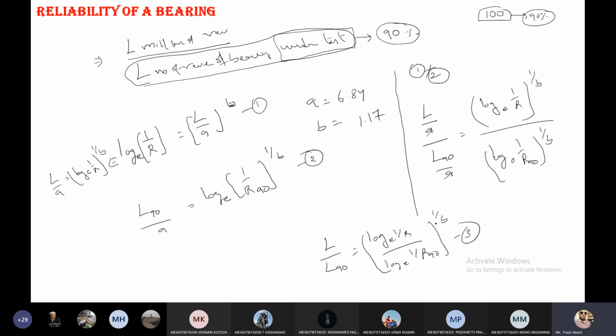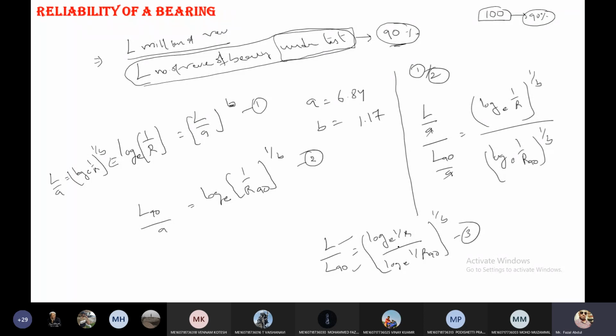See here, what is the definition? Reliability of the bearing is the ratio of L, the life of the bearing in million revolutions under complete condition, to the number of revolutions of the bearing under testing condition, where it particularly indicates the test should be qualified at 90%. Okay, so that is the million revolutions and this is the under test condition, L by L90.